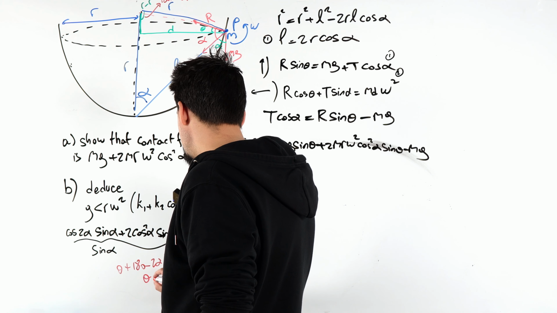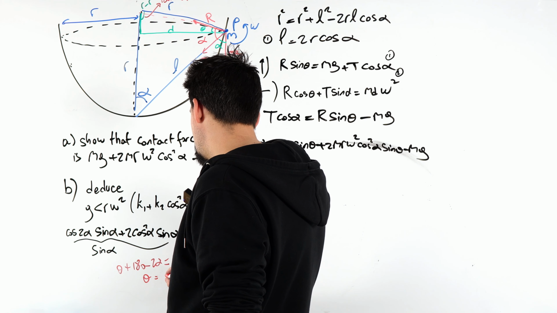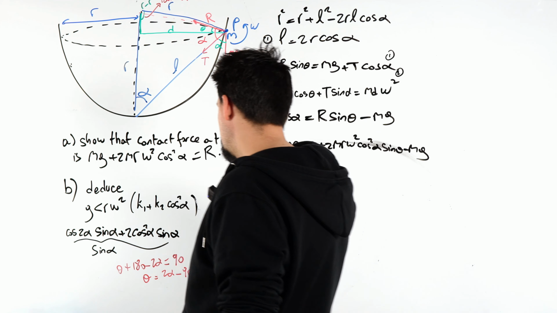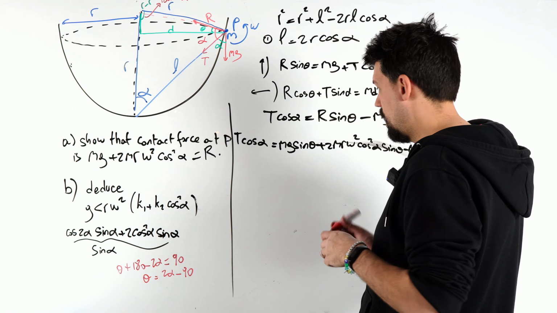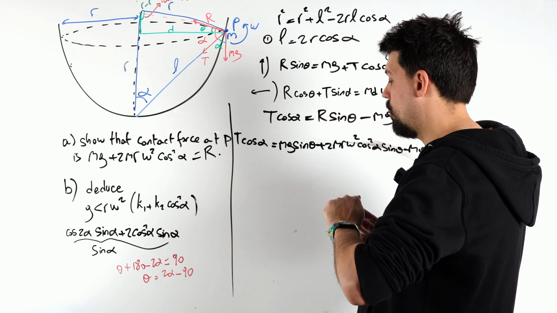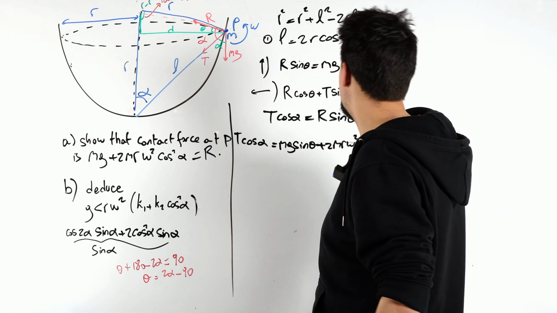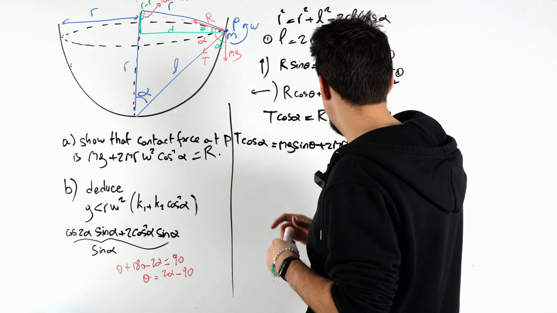So theta is 2 alpha take away 90. And there we have it. And now we have what we want. And now this is probably going to save us a whole load of grief if I'd just done that from the beginning. Fine.